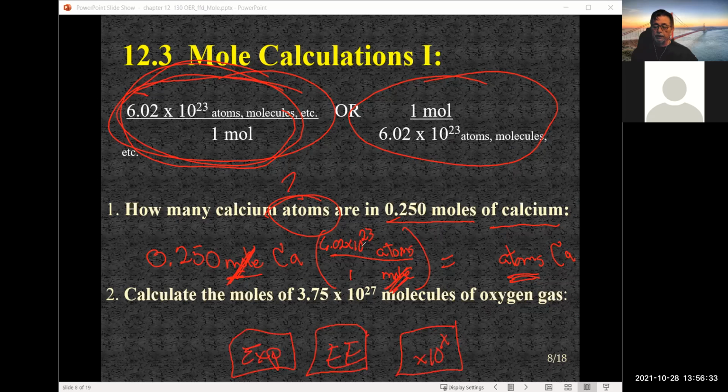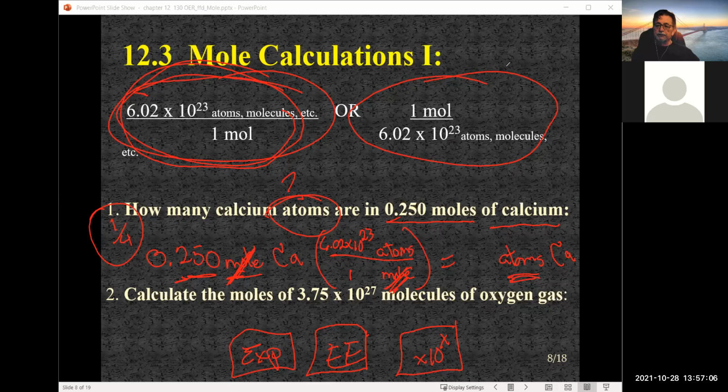6.02 times 10 to the 23rd. Okay, so obviously the number that I'm going to eventually get is going to be much less than 6.02 times 10 to the 23rd because I'm multiplying by 0.25. Isn't that a quarter? A quarter is nothing more than 0.25 in decimal form. And so I'm going to have a quarter of the number of atoms of 6.02.